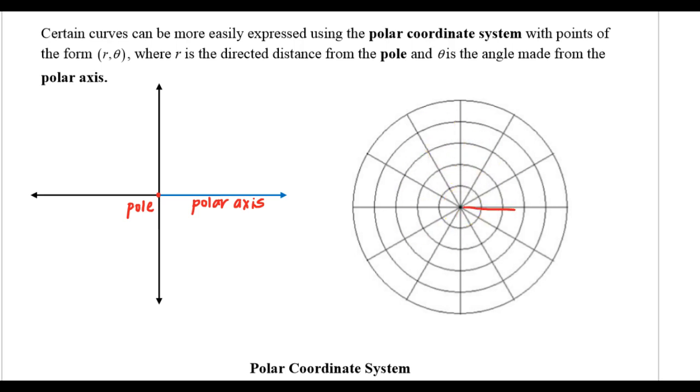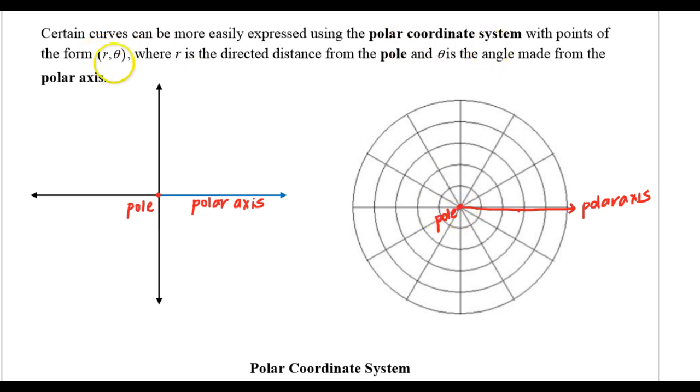This line right here is still the polar axis, and this point in the center, the origin, is called the pole. It's the origin on the xy plane, or the Cartesian coordinate system, but on the polar coordinate system it has a special name, the pole.